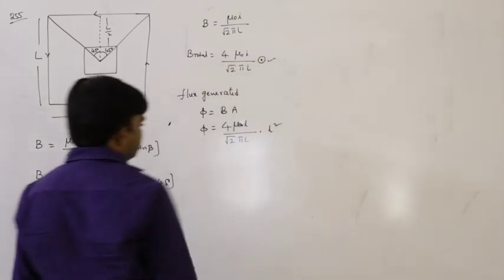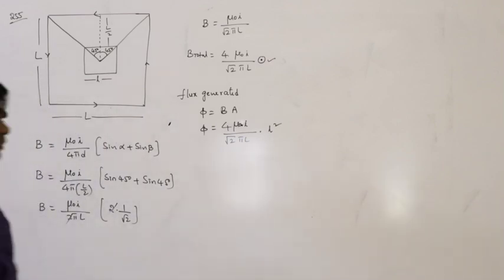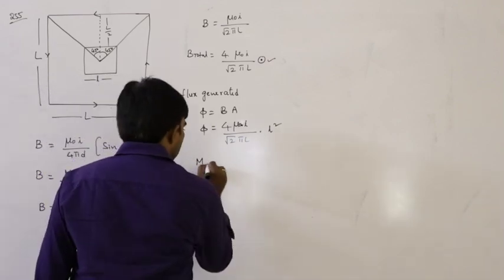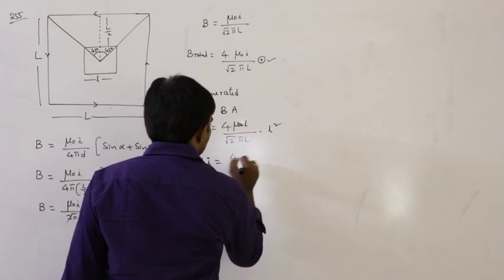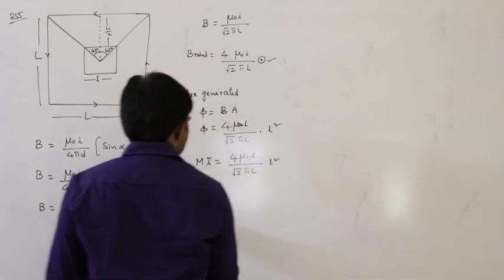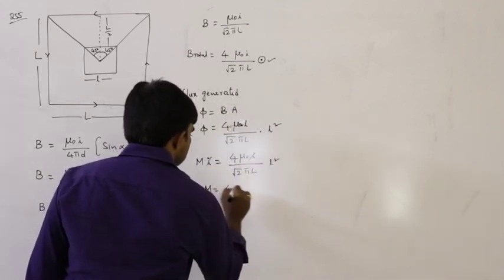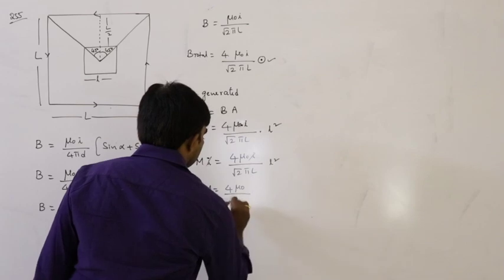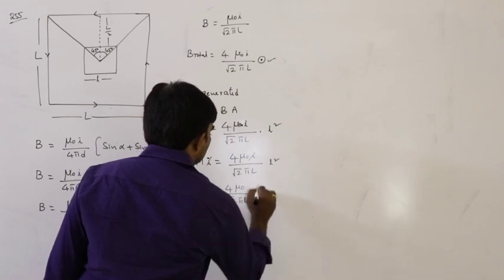So, this is the magnetic flux, but the magnetic flux can be written as M into I. So, that is 4 mu naught I by root 2 pi L into L square. I gets cancelled. M is equal to 4 mu naught by root 2 pi L into L square.